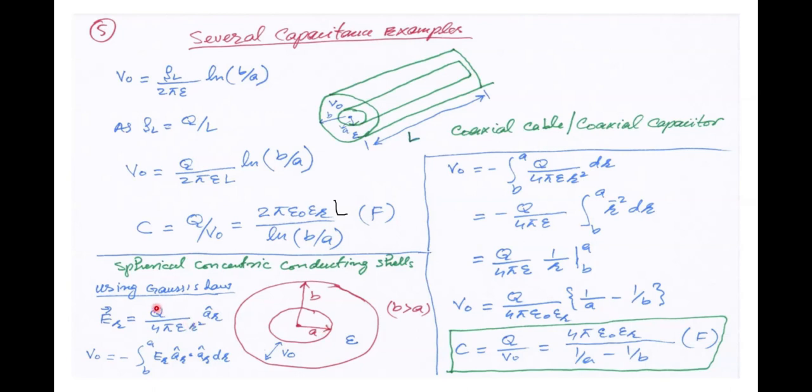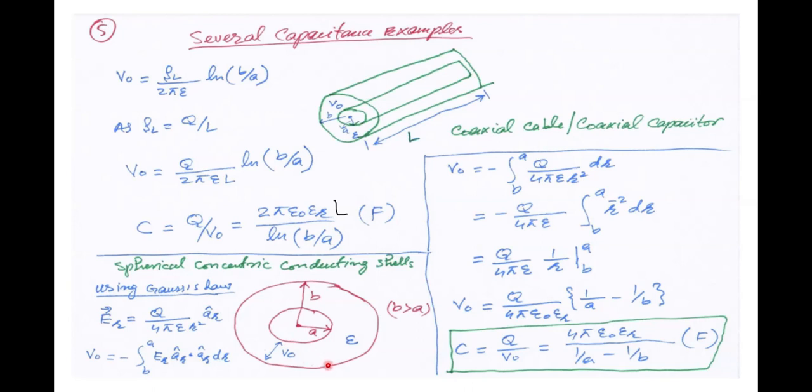So using the expression of the electrostatic field due to a point charge, which is equal to Q divided by 4 pi epsilon r squared times the a r unit vector, when the charge is located at the origin, the electrostatic field is directed along the radial axis of the spherical coordinate system. So in this case, what would be the potential?